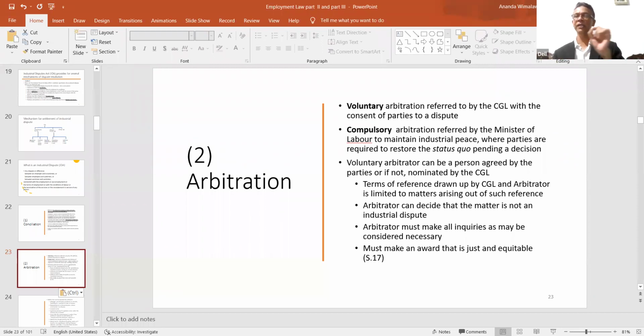So with the consent of the parties, that is more important.